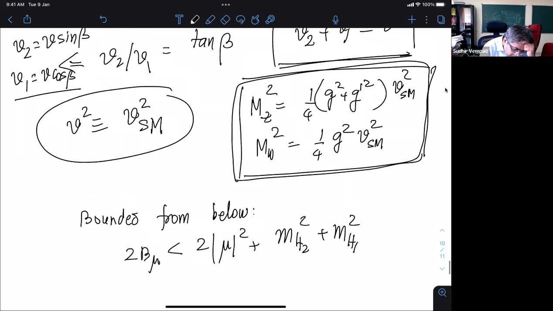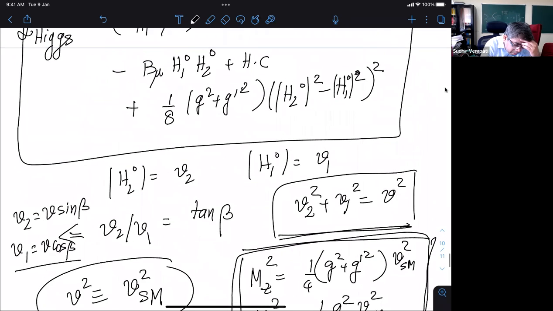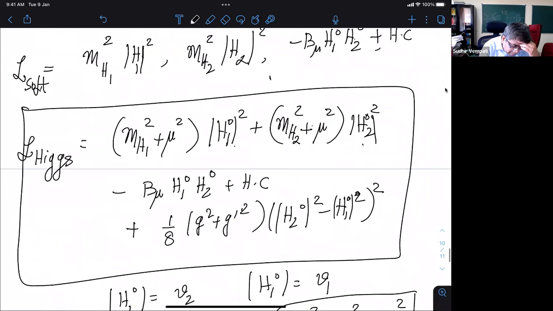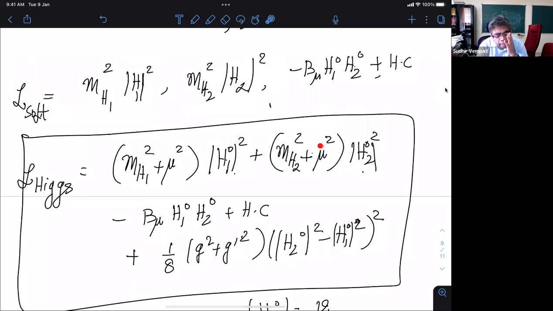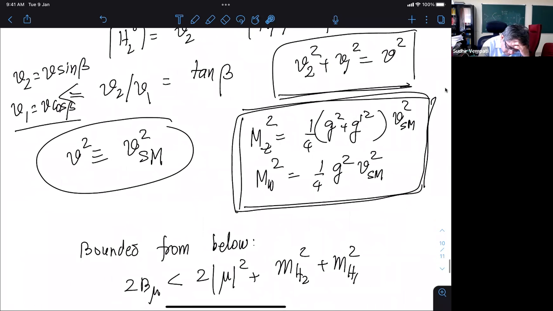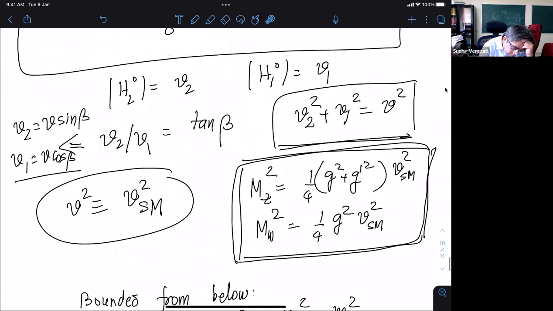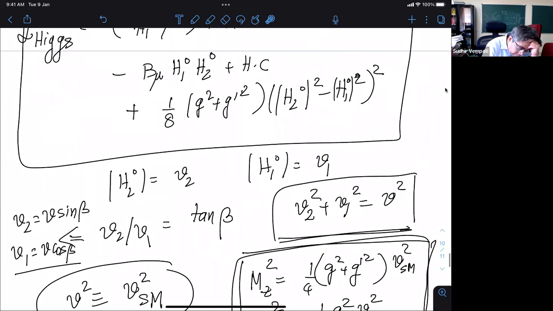This is obvious, because if this becomes larger than these terms, the potential is no longer bounded from below, and you won't have a vacuum expectation value. Maybe I should put a v by root 2 here, sorry.